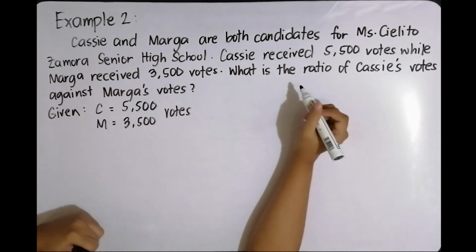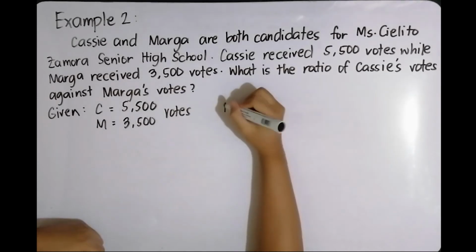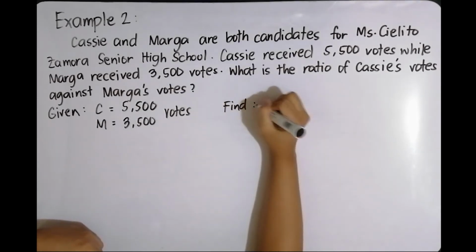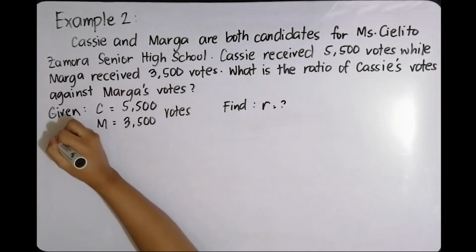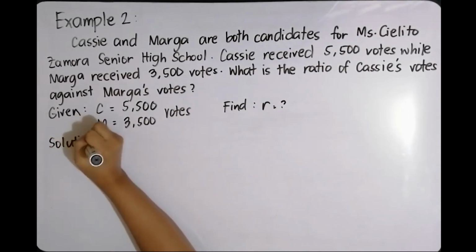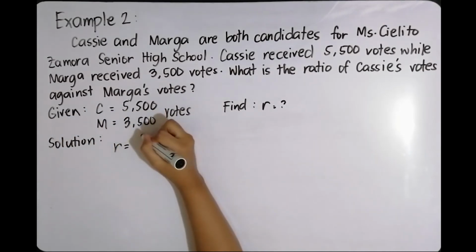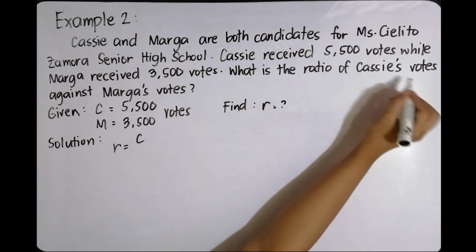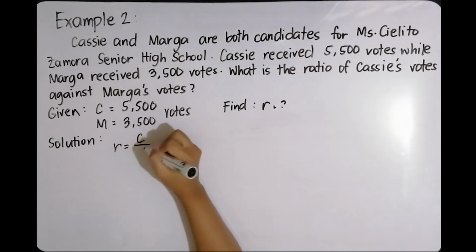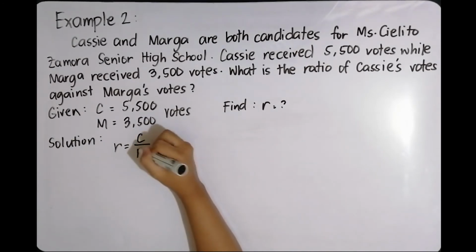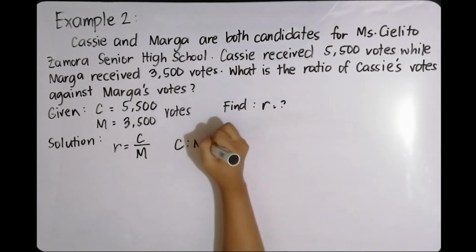We are looking for the ratio, so find R. Here is our solution. R is equal to the ratio of Cassie's votes against Marga's, so Cassie over Marga, or in colon notation, C is to M.